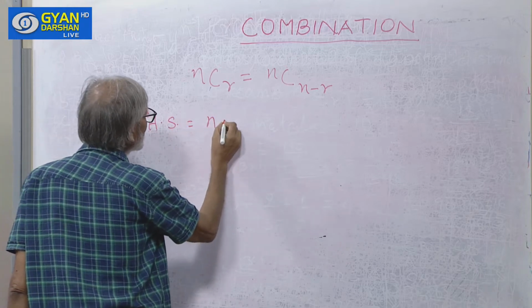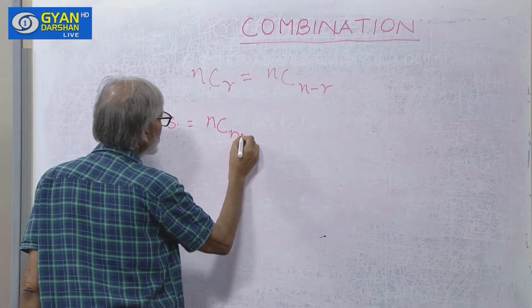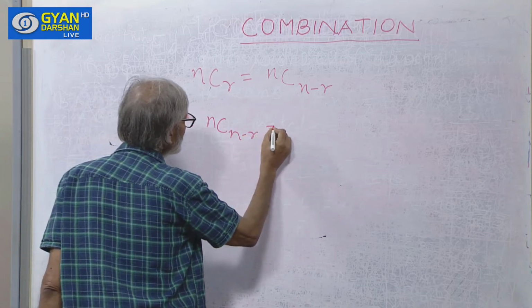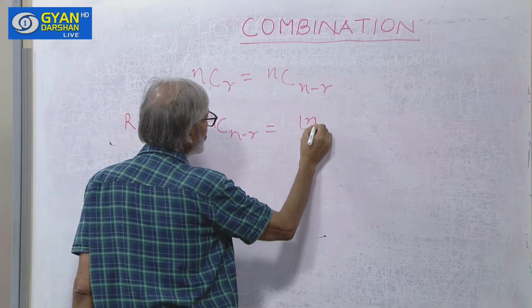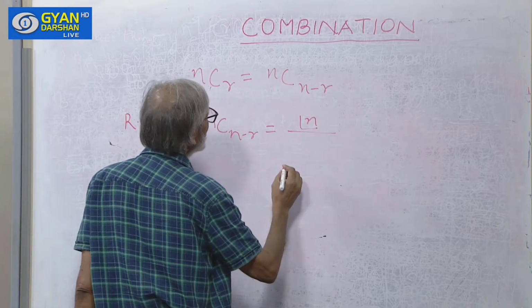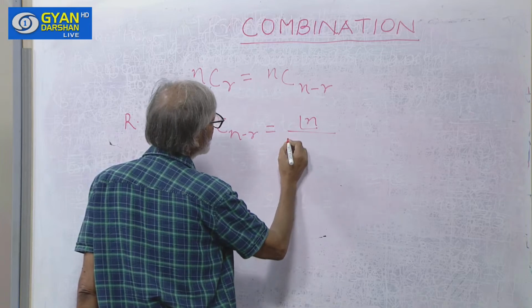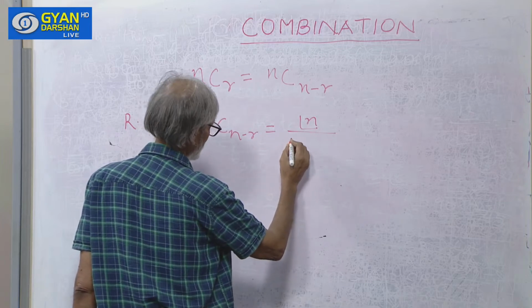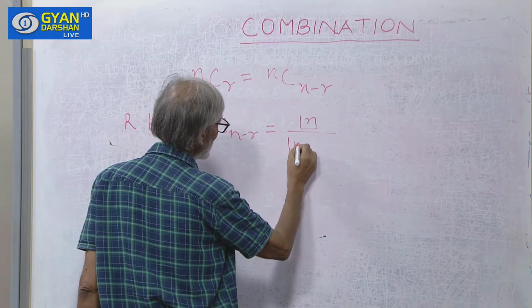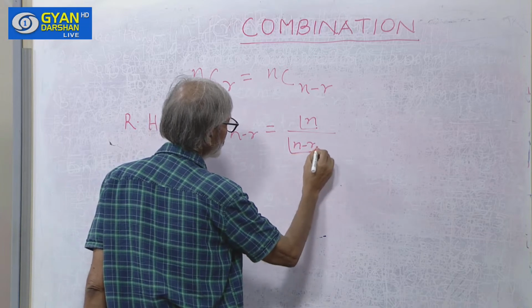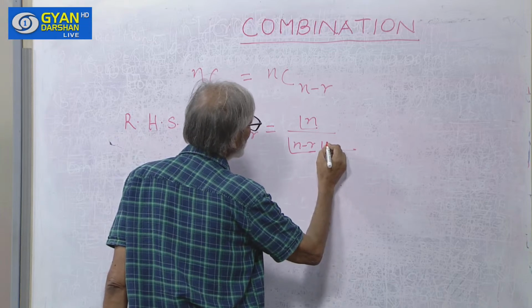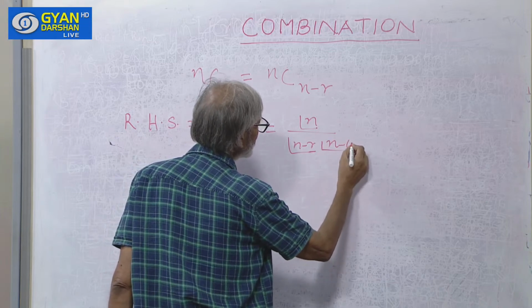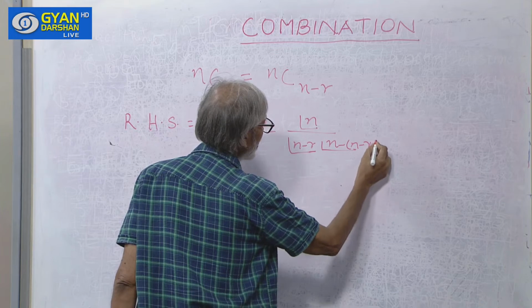So, nC(n minus r), according to the formula, will be equal to factorial n divided by factorial n minus r multiplied by factorial n minus (n minus r).